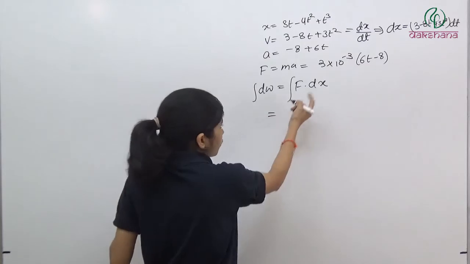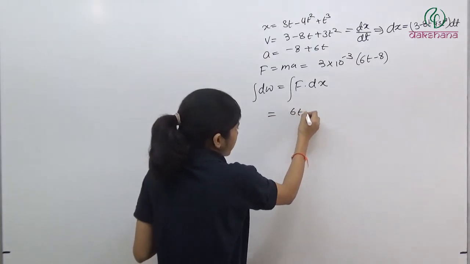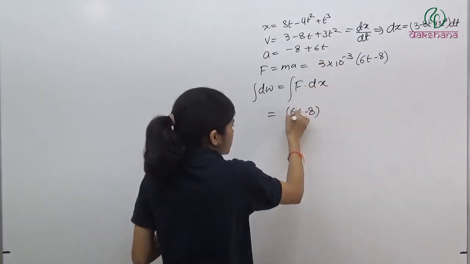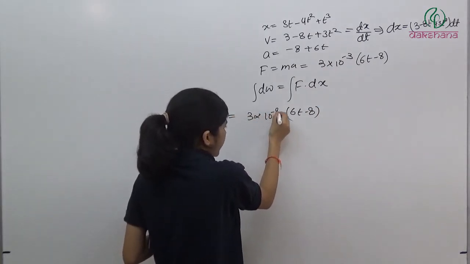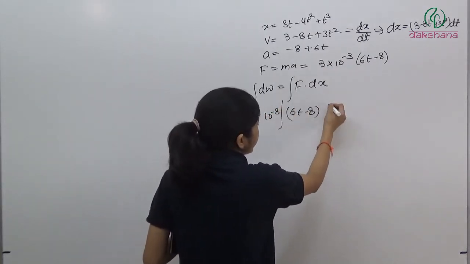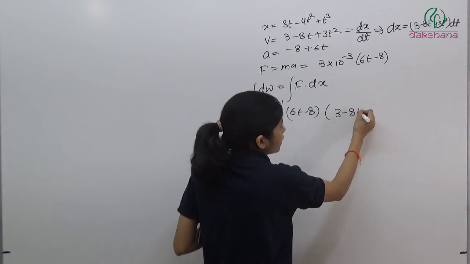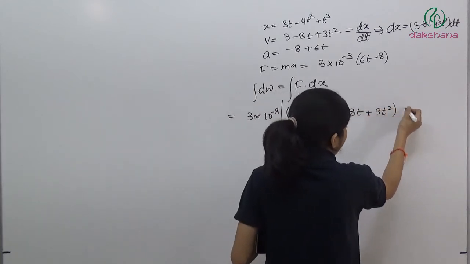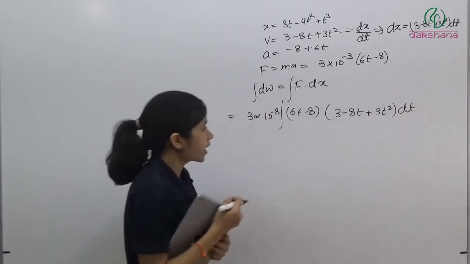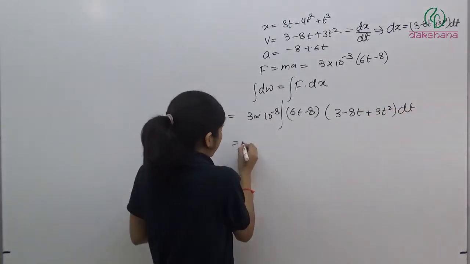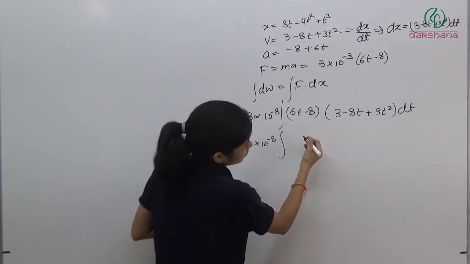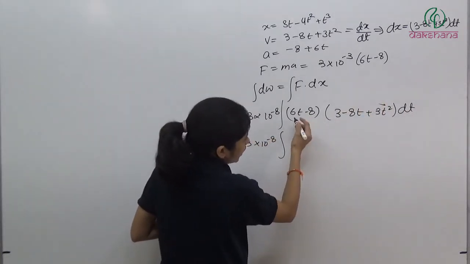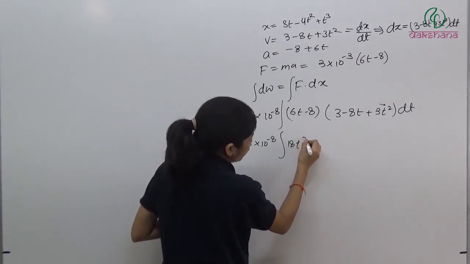So force is how much? 6t minus 8. We will take this. Okay, let's write that also: 3 into 10 to the power minus 3, and dx is 3 minus 8t plus 3t square into dt. Now multiply these two. What will we get? 3 into 10 to the power minus 3, and here we have 3t square into 6t, it is 18t cube.